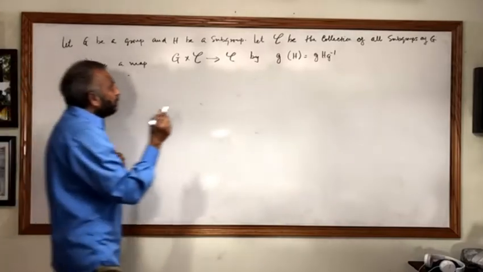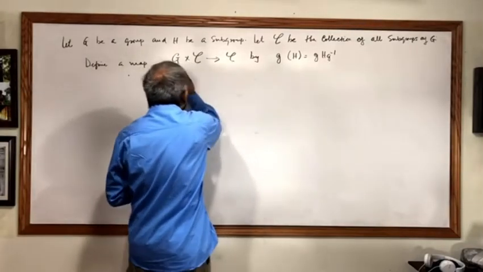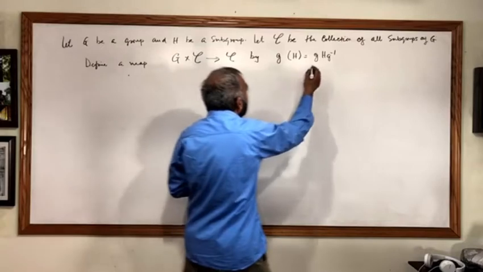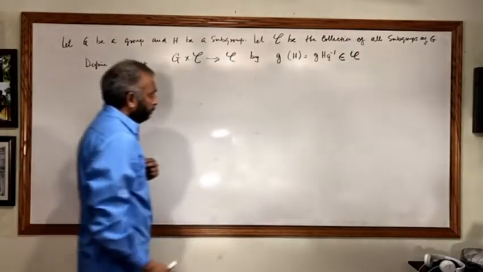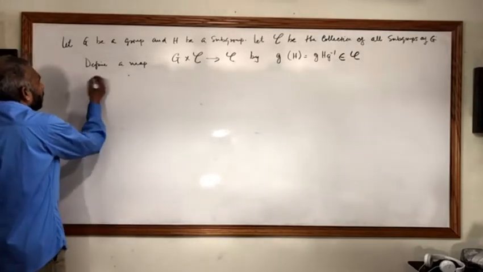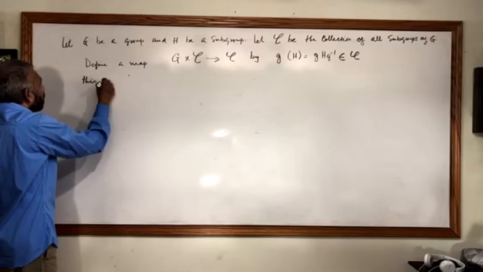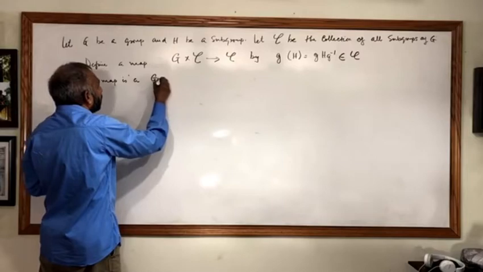So definitely gHg inverse is a subgroup of G. So this definitely belongs to the collection C. Then it is easy to prove that this map is a group action.